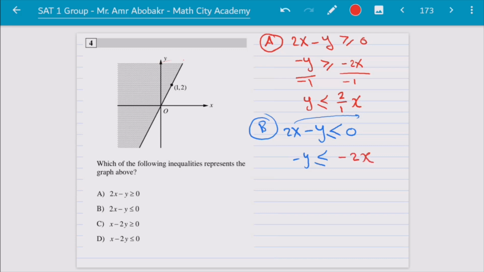We divide by a negative number, by negative 1, so we should change the direction of the inequality sign. So y changes to greater or equal 2 over 1 x.